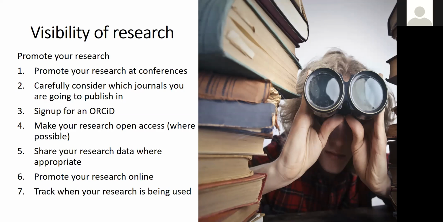Number two, carefully consider which journals you are going to publish in. So this is also as important when you talk about visibility. Choosing where to publish in an academic journal sometimes may create issues, especially if you are publishing in journals that are not reputable or have a tendency to just publish for the sake of money. Are the articles in the journal easily discoverable?